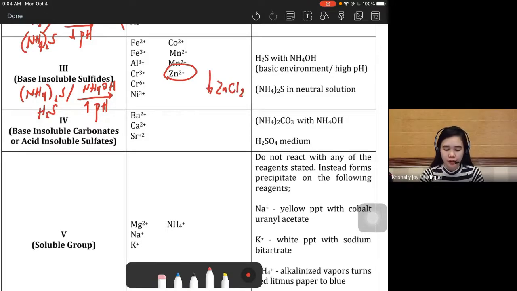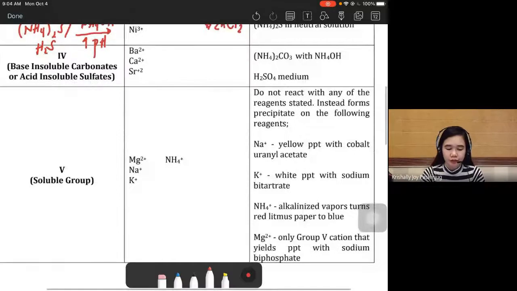Then for group 4 cations, this is also known as base insoluble carbonates, or the acid insoluble sulfates. So we only have 3 ions under this group: barium, calcium, and strontium. They precipitate out in the presence of a carbonate, halimbawa ammonium carbonate, (NH4)2CO3.